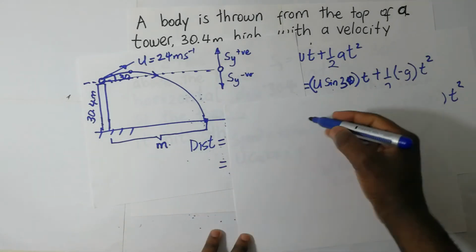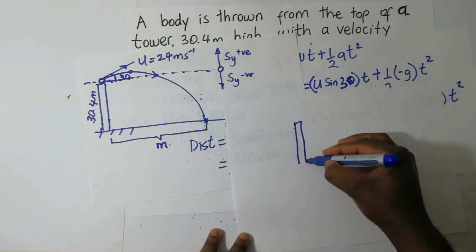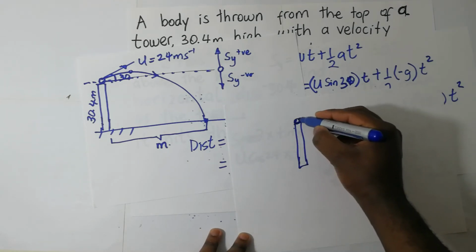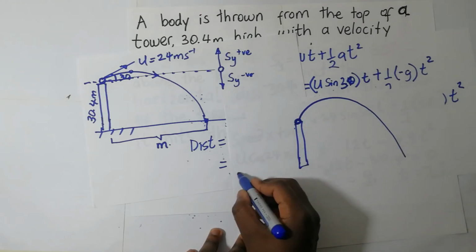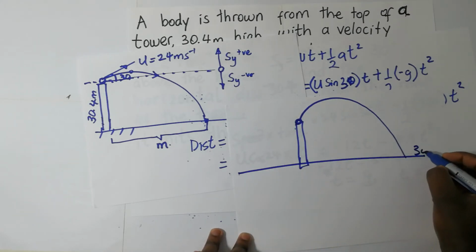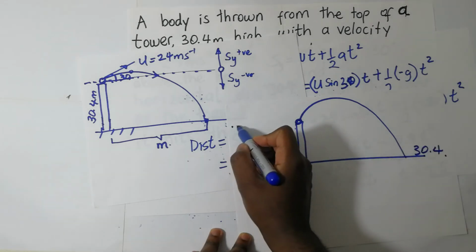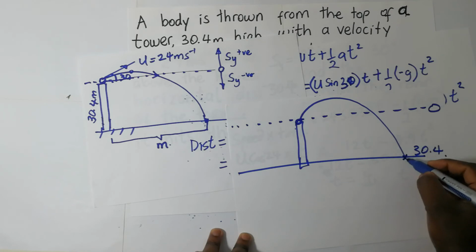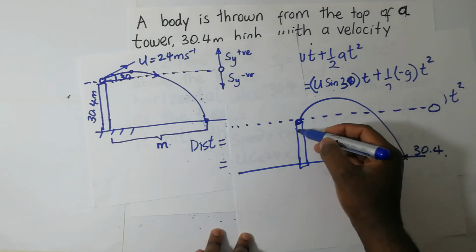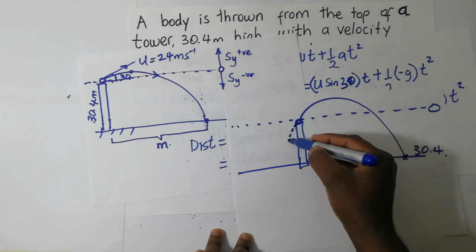If I'm to redraw it here again, this is our tower. We hit something here and it came like that up to there. At this ground, this is 30.4. This is the zero ground, zero level. So this is more like an extension right there.